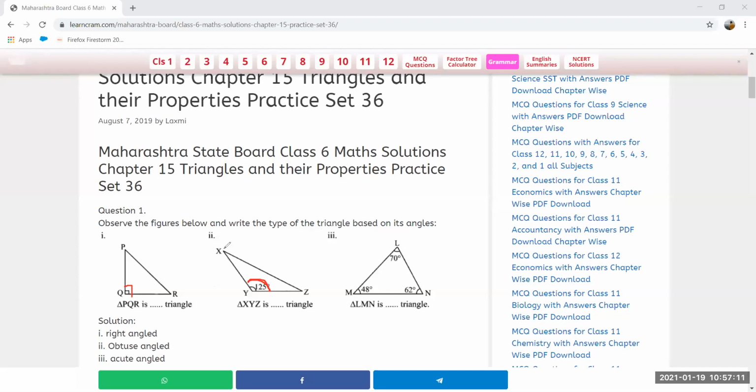Therefore, this triangle XYZ is an obtuse angled triangle. Triangle PQR is a right angle triangle. Triangle XYZ is an obtuse angle triangle.